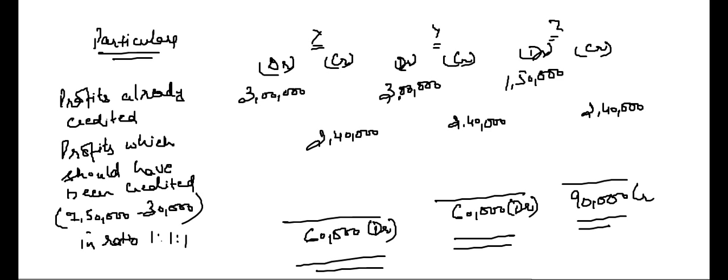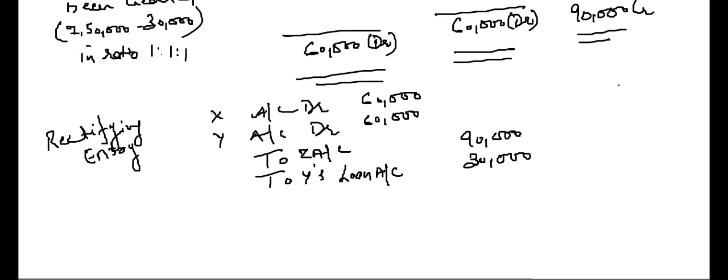So we have taken some amount from X and Y, and we have given some amount to Z, and moreover we have given some amount to Y as interest on loan, right? That's why the rectification entry is X account debit, Y account debit to Z account and Y's loan account. Clear? So you can write this down.